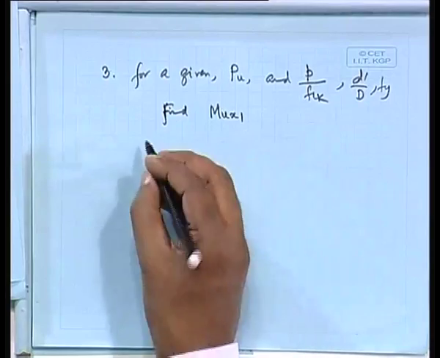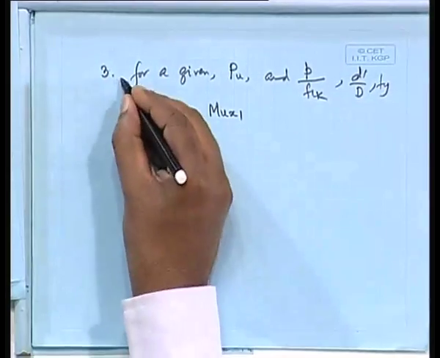And then, since I know Pu, for that P by fck I can find out the maximum uniaxial bending it can take. So, I can calculate Mux1 also. That means, if Pu is given, I can find out the maximum uniaxial bending about that particular axis. That is your Mux1.